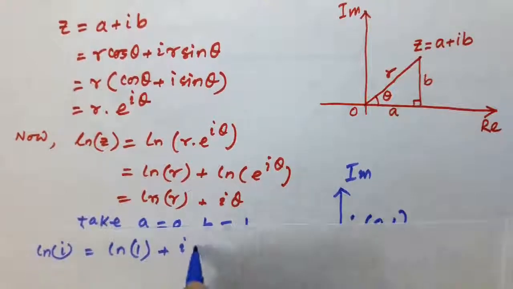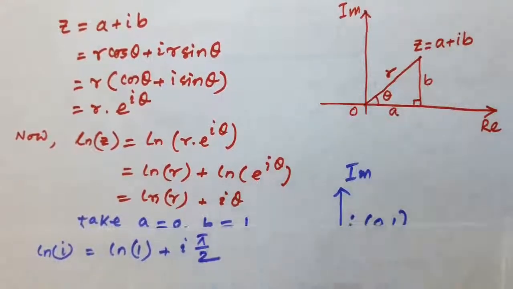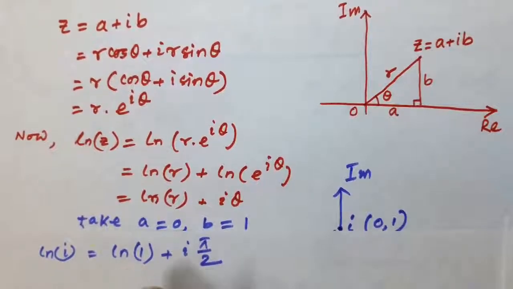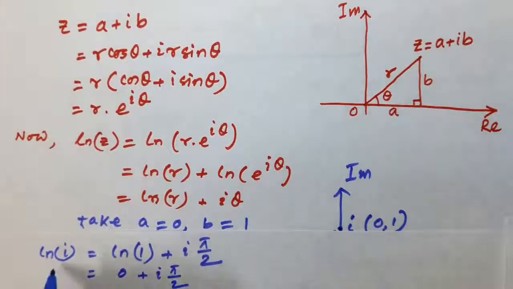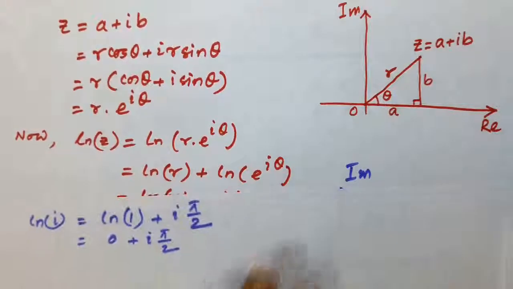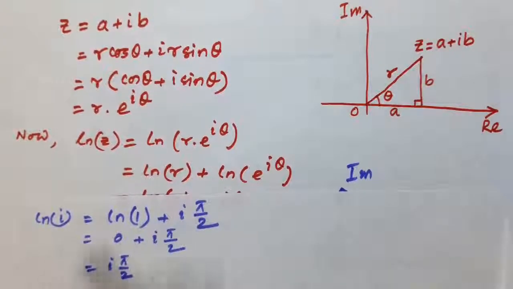So ln I is equal to ln 1 plus I pi by 2. What is ln 1? You know this one. This is 0 plus I pi by 2. Therefore, ln I is equal to I into pi over 2.